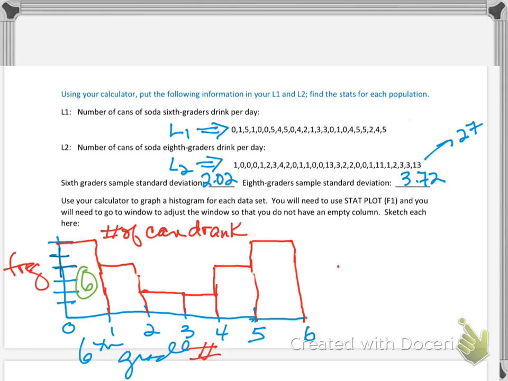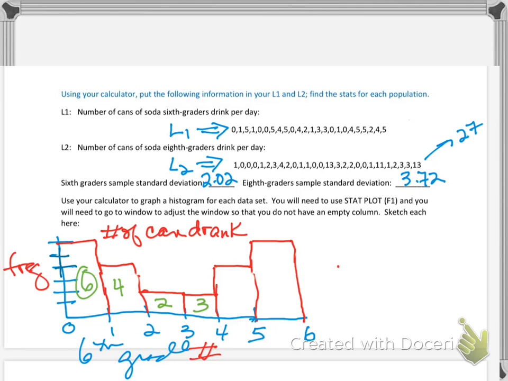Greater than or equal to 1, but less than 2, occurs 4 times. Greater than or equal to 2, but less than 3, occurs 2 times. Greater than or equal to 3, but less than 4, occurs 3 times.